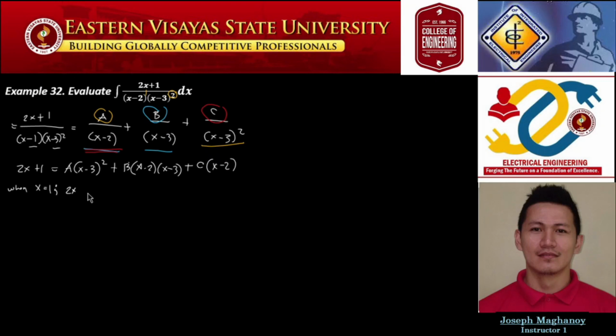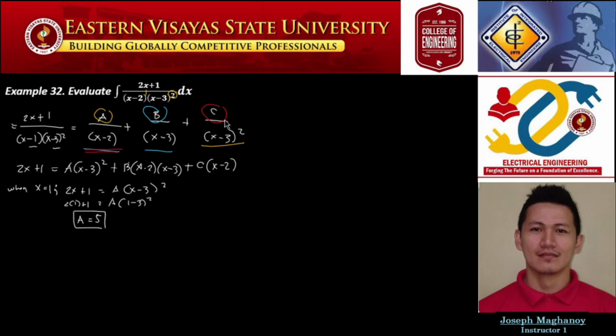That's 2x plus 1 is equal to a times x minus 3 squared. If we substitute the value of our x, that is 2 times 1 plus 1 is equal to a times 1 minus 3 squared. Solving for your a, you have the value of 5 for your a. Next is our 3 squared.